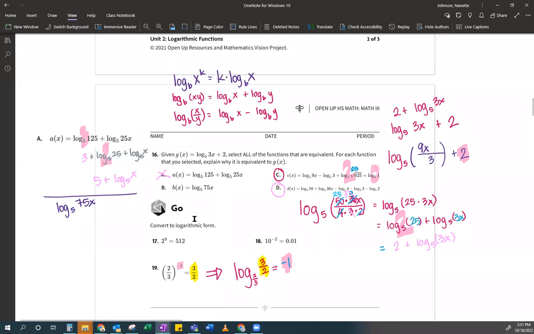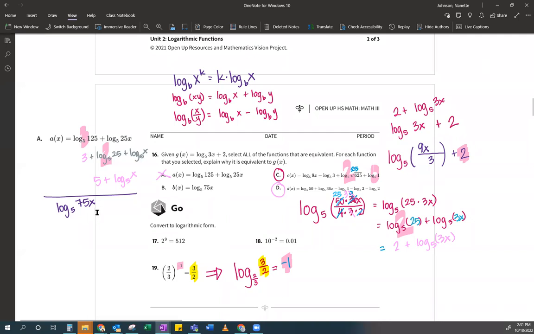Whenever we're talking about logs, we're talking about exponents, powers. So I'm thinking of 5, 25, 125, and so on. When I see 75x, I'm like, ooh, there's a power of 5 in there. So I'm going to rewrite this.